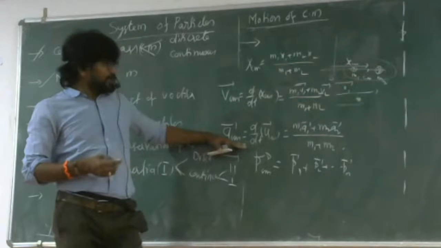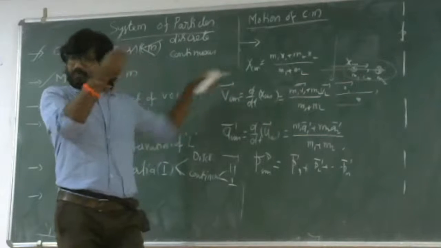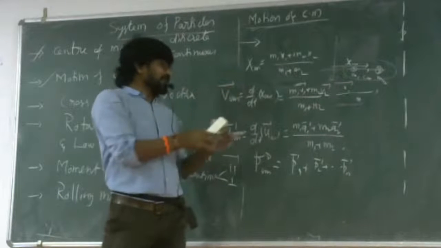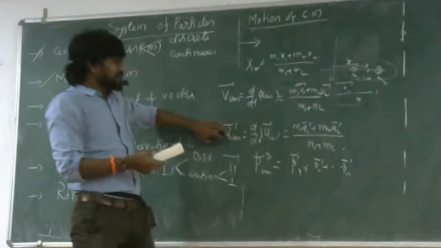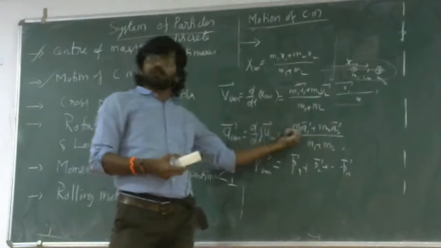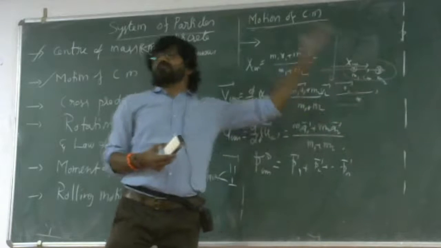Likewise, when a system is moving with some acceleration, some external force is acting on it. The force acting on the center of mass can be expressed as (m1 plus m2) into ACM. That is equal to the force on the first particle plus the force on the second particle plus so on plus the force on the nth particle.